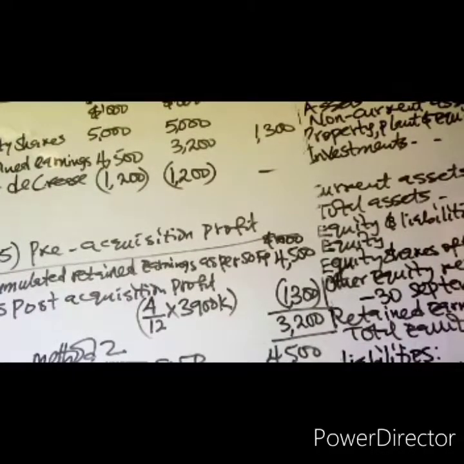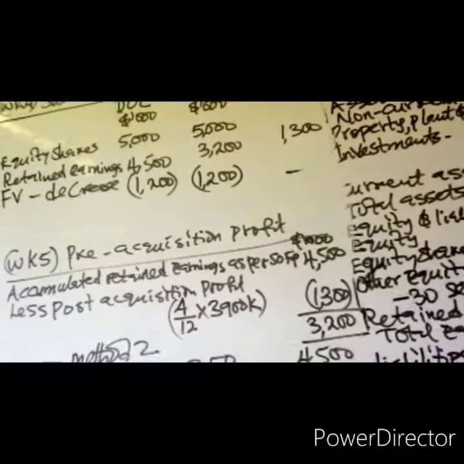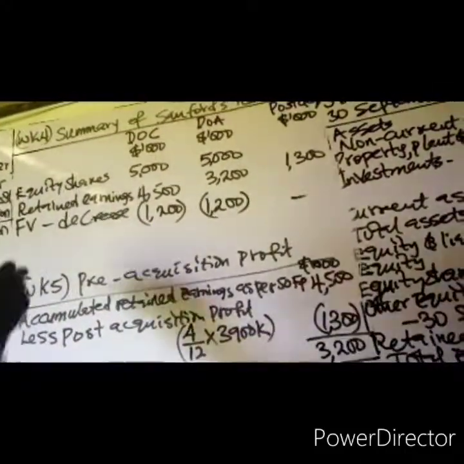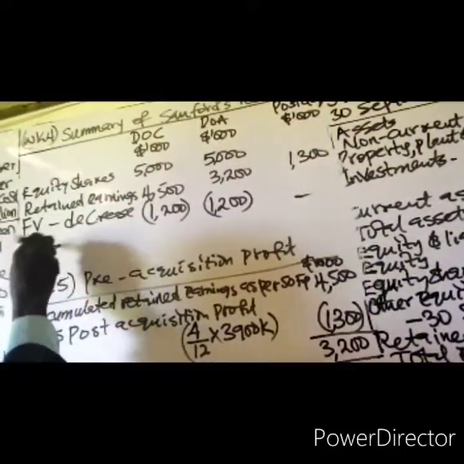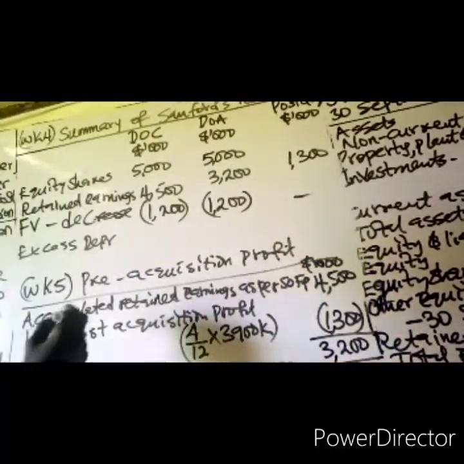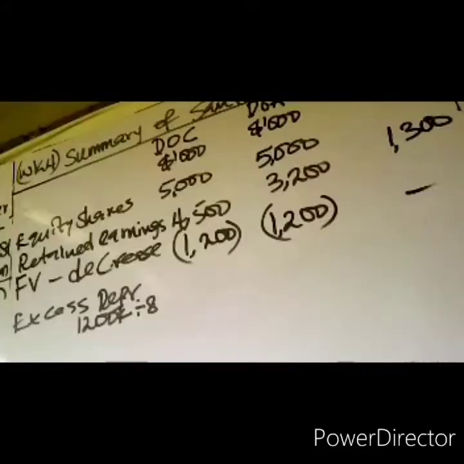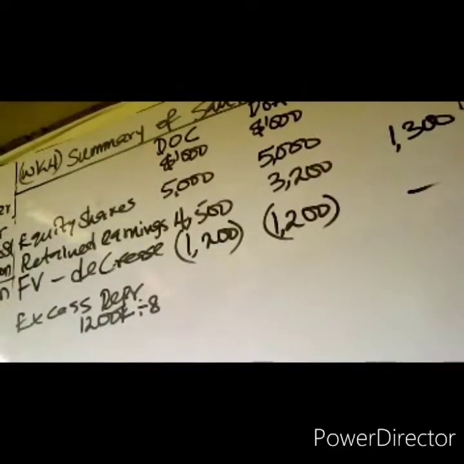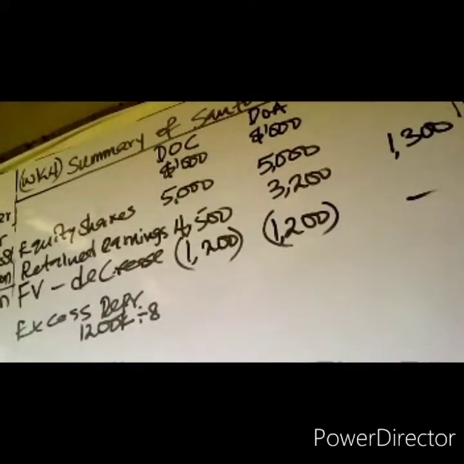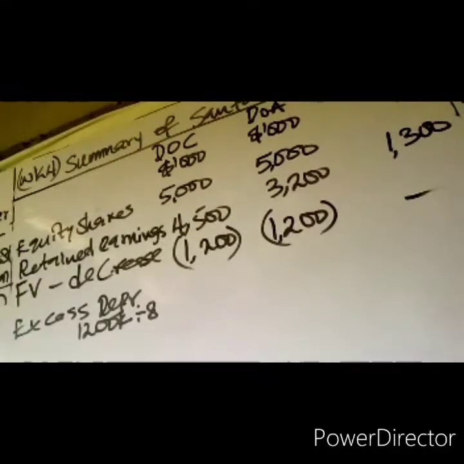And don't forget, this fair value decrease led to excess depreciation. The excess depreciation on the fair value decrease will be 1,200. That means the fair value is 1.2 million below its carrying amount.